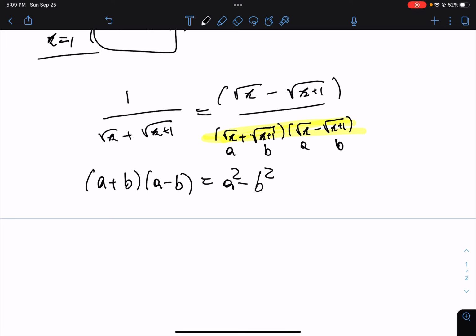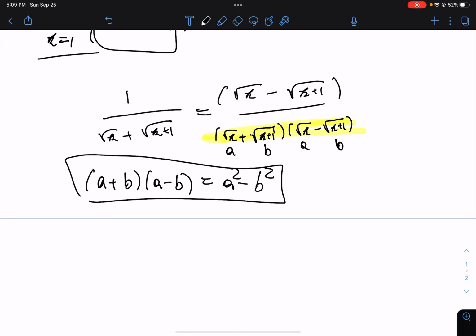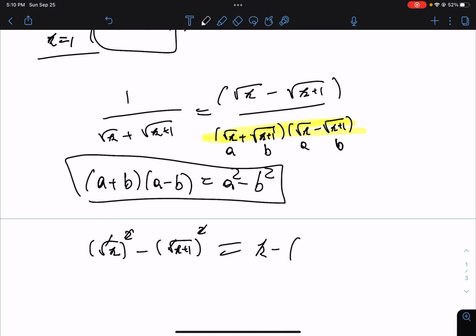So we just use this and we get square root of k squared minus square root of k plus 1 squared. And they just simplify out. So we have k minus, in parentheses, not to make the mistake, which gives us minus k minus 1, which is simply minus 1. What does this mean concretely?